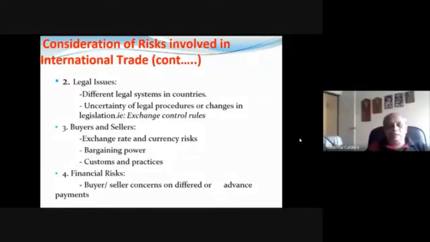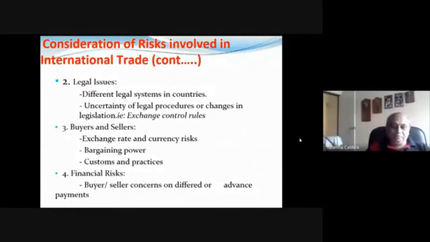If you are powerful in bargaining, you can negotiate the prices. If you are not... Customs and practices. Different countries have their customs, used in that particular country, and certain practices.